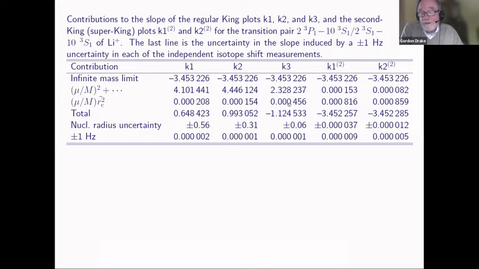So this could be applied to any sequence of isotopes, not just lithium, but medium and heavy isotopes as well. And these are the uncertainties in the deviations in the slope due to the 1 hertz assumed experimental uncertainty.